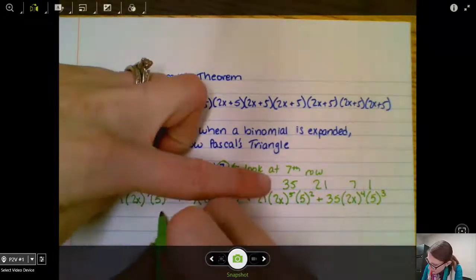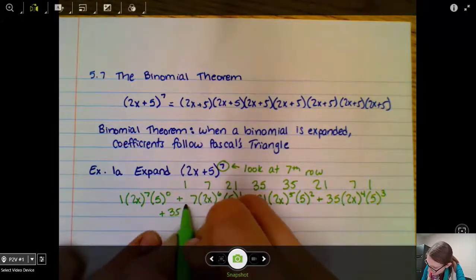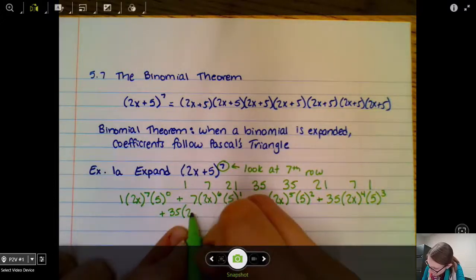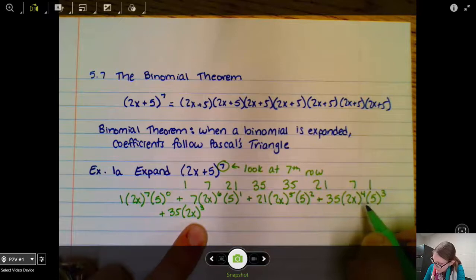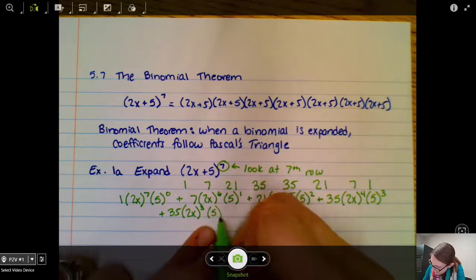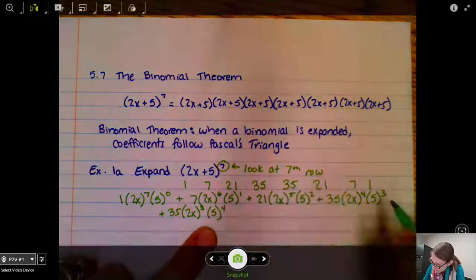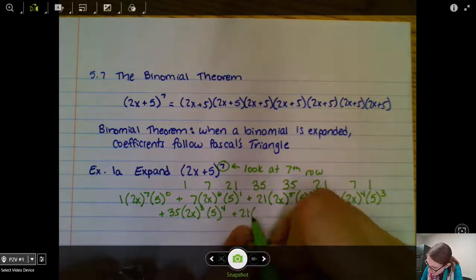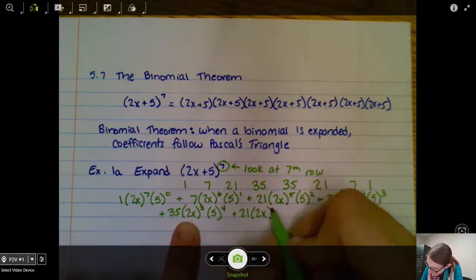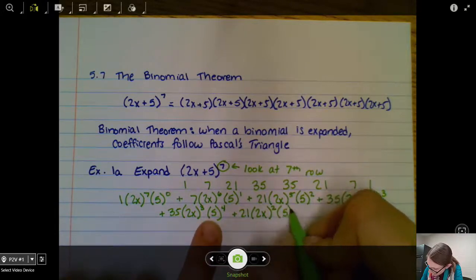Plus another 35. My 2x loses a power again, so it was 2x to the fourth, now it's 2x to the third. 5 gains a power, 5 to the fourth. Plus 21. 2x keeps losing. 5 keeps gaining.